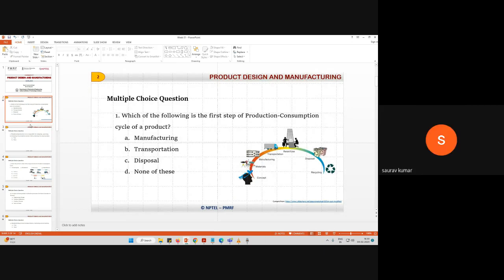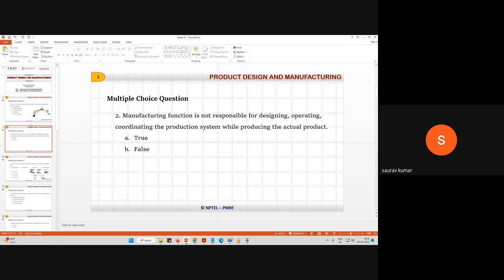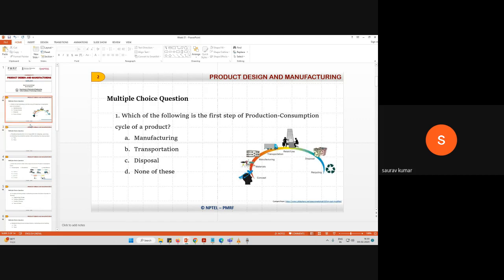Sir, in the product consumption cycle, the first answer is none of these. Yes, it is one of these, because the first is the concept, idea creation maybe. From the given options, none of these is given, so it is the first option. If option D is not given in the question and only option C were there, what is the best correct answer?